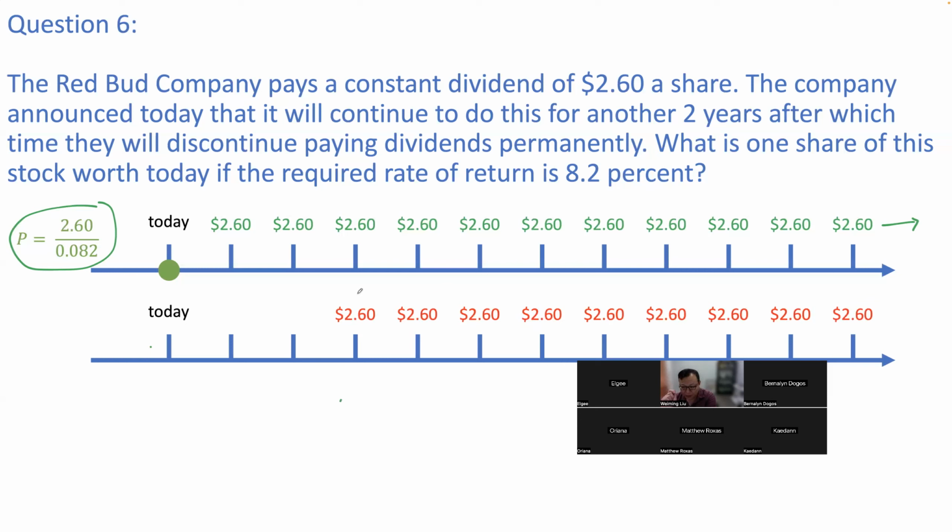You know D3. You know this is D3. It starts with D3 here, right? So which value, which price can you calculate directly? Not P4.